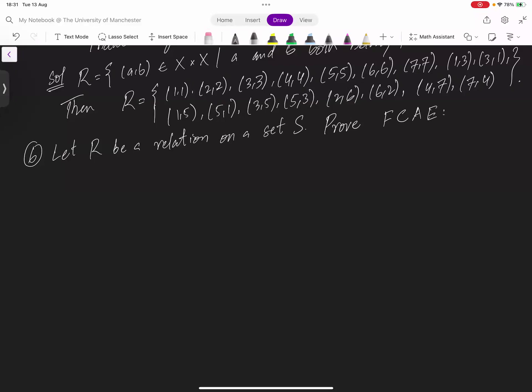Which conditions? Number 1, R is an equivalence relation on S.